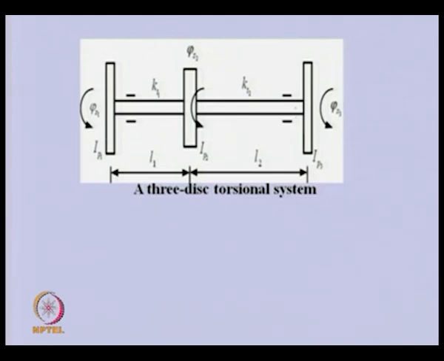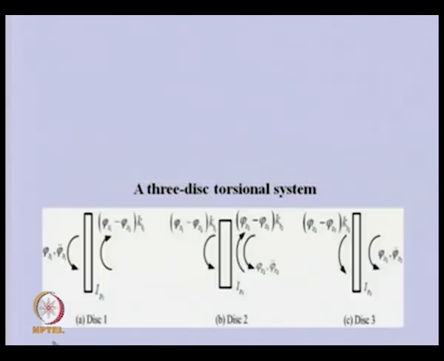Now, to obtain the equation of motion, we will obtain the free body diagram of each of the discs. So, this is the free body diagram of the 3 discs. You can see that this is the free body diagram of disc 1, and in this case we have taken the positive convention that if we are looking from the right hand side onto the disc, the counterclockwise motion is the positive direction.